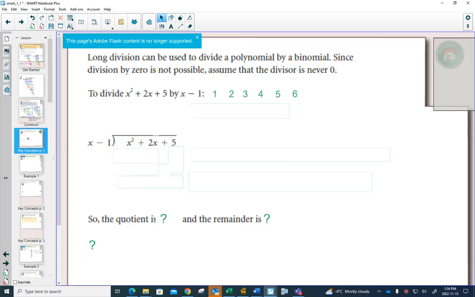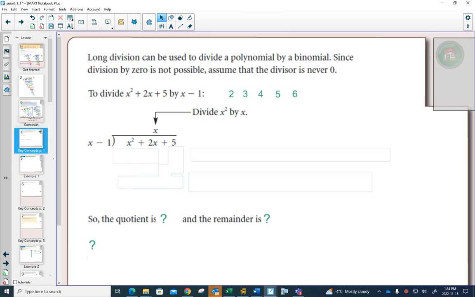So on the next page, they've got an example. They say, if you had x squared plus 2x plus 1 and you're dividing by x minus 1, you'd write out your long division statement. You would figure out, what times x gives me x squared? It would have to be x.